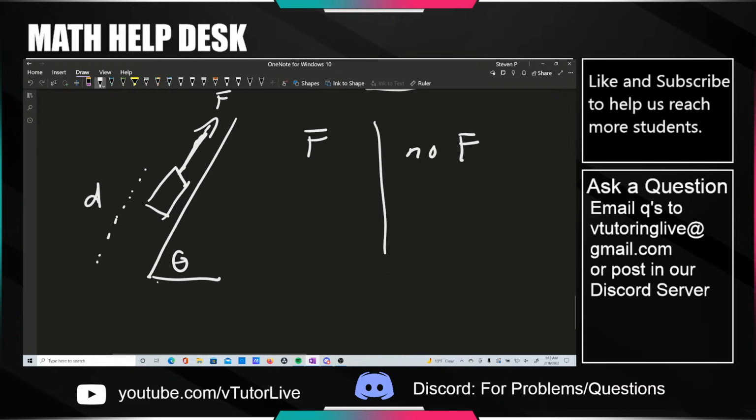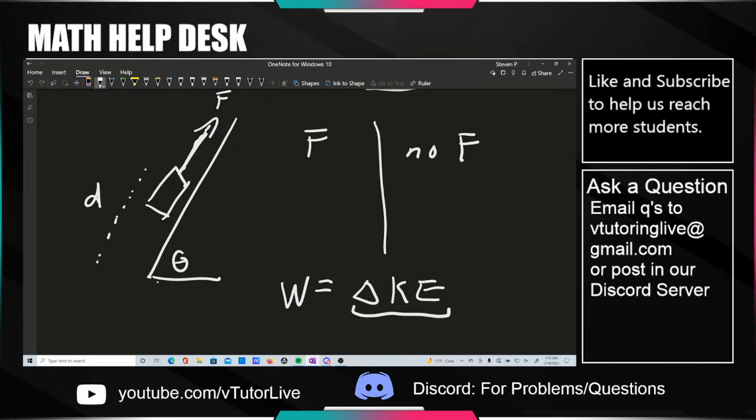So this is basically saying that, sorry, this is very long-winded, this is basically saying that work is going to be responsible for whatever the change in kinetic energy from situation 1 to situation 2 is going to be, right?